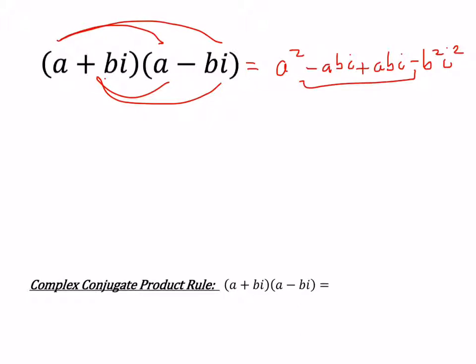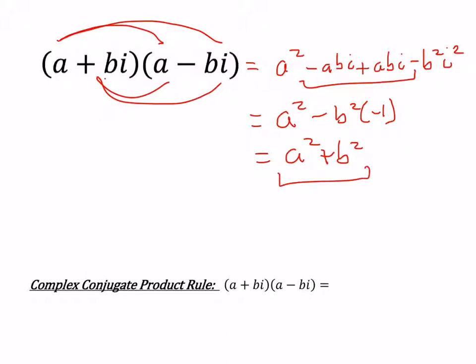These two cancel out, and you might expect that because this is a difference of two squares in the end. And so here we have -b squared times -1, which is going to be a squared plus b squared. So we actually get, because of the i, not the difference of two squares, we get the sum of two squares. So this is our complex conjugate product rule.